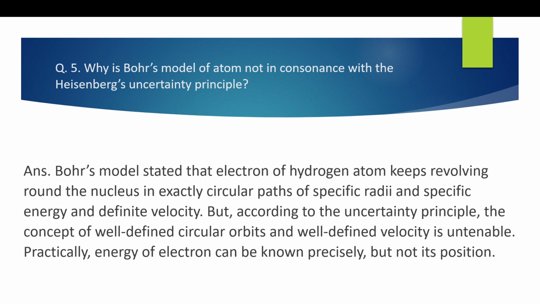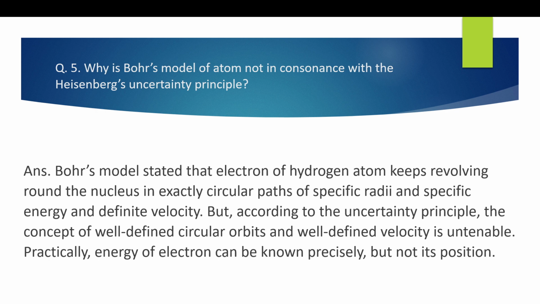Question 5. Why is Bohr's model of atom not in consonance with the Heisenberg uncertainty principle? We know Bohr's model was based on classical mechanics, which has no scope for uncertainty principle and probability theorem. Although the beginning of quantum mechanics can be traced back to Bohr's model of 1913, what Bohr suggested is an exact circular path of exact velocity, certainty.